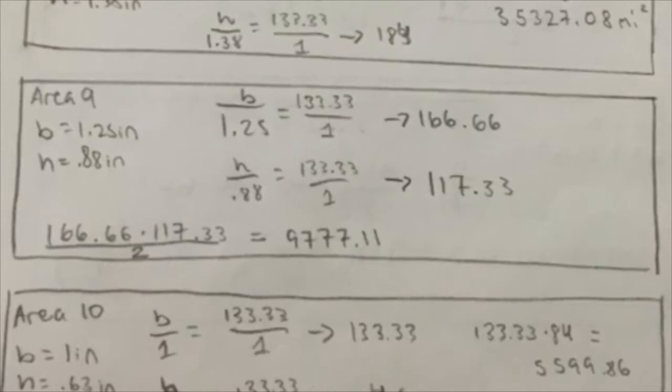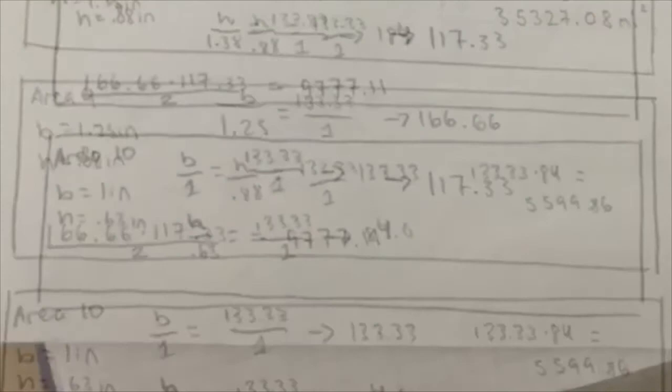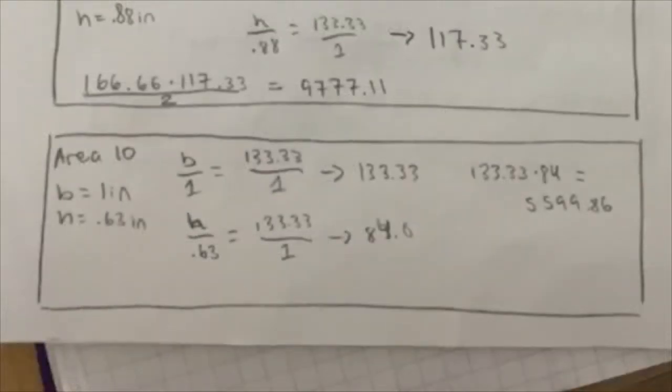Once again, we cross-multiplied and got the answer of 166.66. And once we had both of our answers, to solve for the area, since the shape was a triangle, we multiplied the base, 166.66, by the height, 117.33, and got 9,777.11 miles squared.